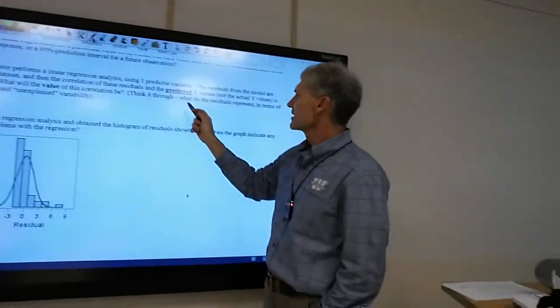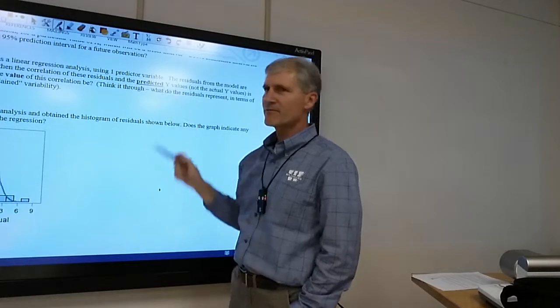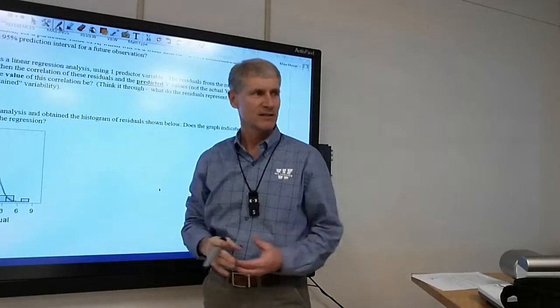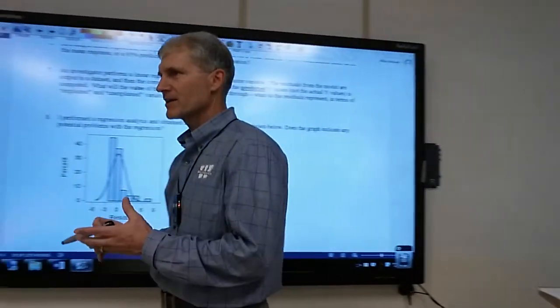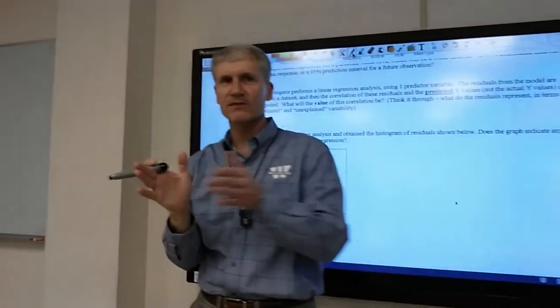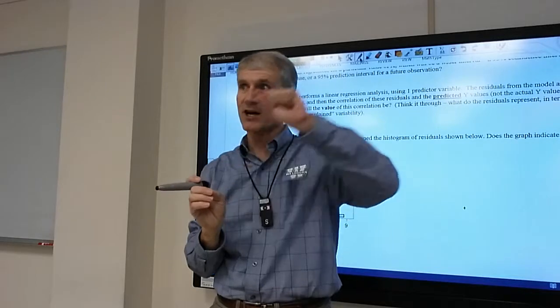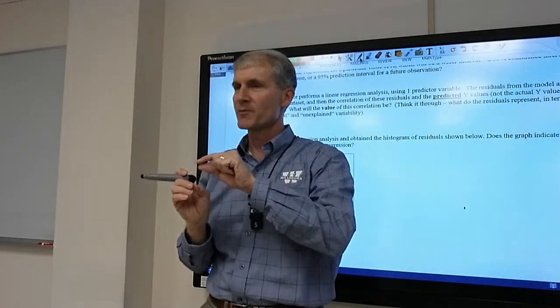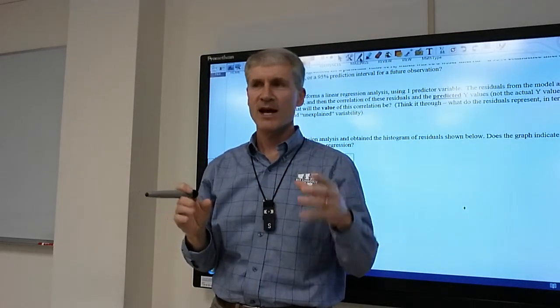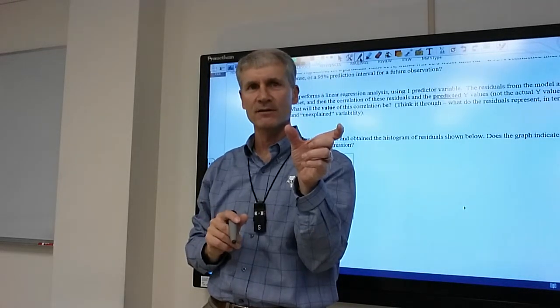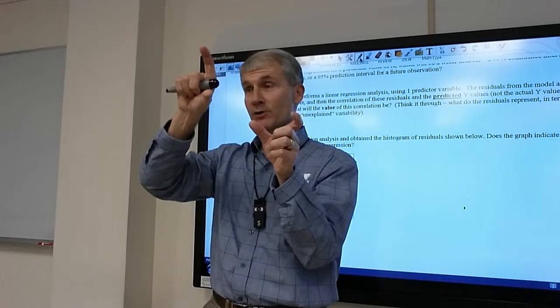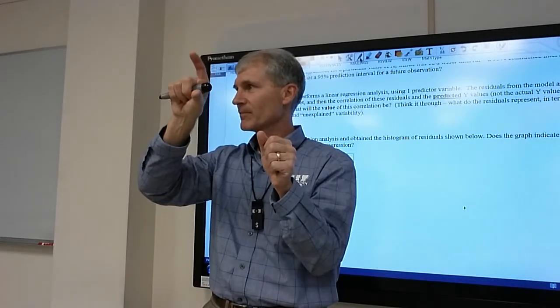Think about this. The predicted Y values, what does that represent? For a given x value, the predicted y value falls on the line, right? And remember the ANOVA table, where you have sum of squares due to regression and sum of squares due to error? And then those two added together give you what?